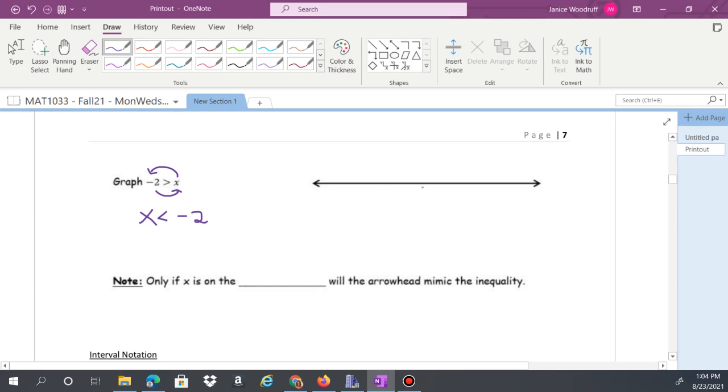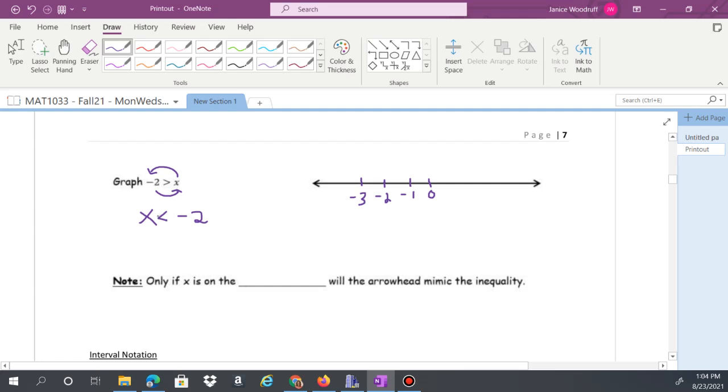Then you're going to find your spot on the graph. So let's say here's 0, -1, -2, -3. You find -2 and mark -2. Now you're going to be using a parentheses instead of an open circle. Typically you might have used an open circle, now you're going to use a parentheses. The parentheses points the way the inequality is pointing.